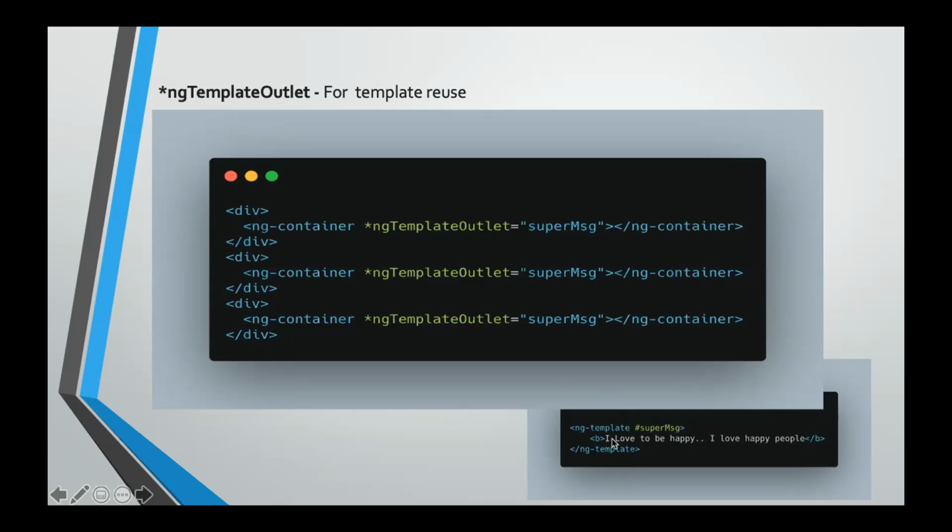Maybe there was a div, an image tag, a paragraph, or a span bundled together. You see, you have to replicate those in the multiple sections where you want to display them. But with the ng template outlet, you can just create that simple template that you want to reuse across that page, and then use the ng template outlet to reference it. So you see here, we just have to specify the ng template, and automatically whatever content we have here will be displayed there. So basically that is all the theoretical aspect of our magical directives.